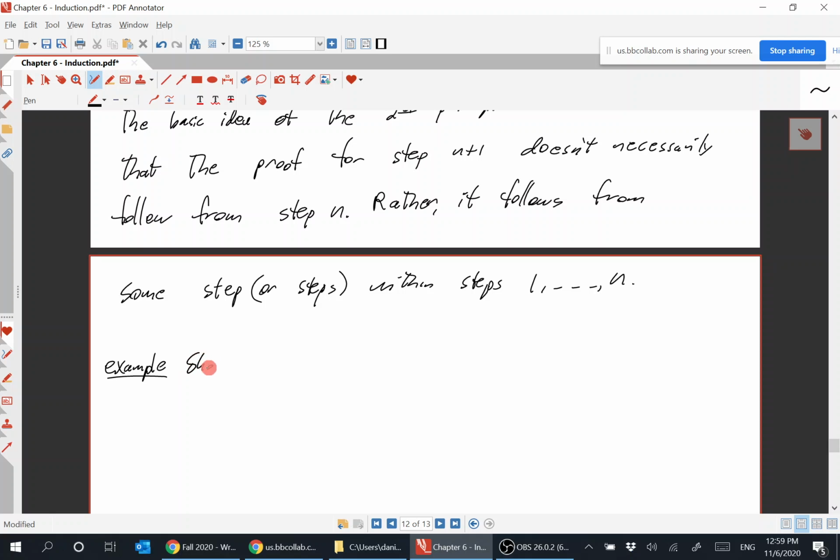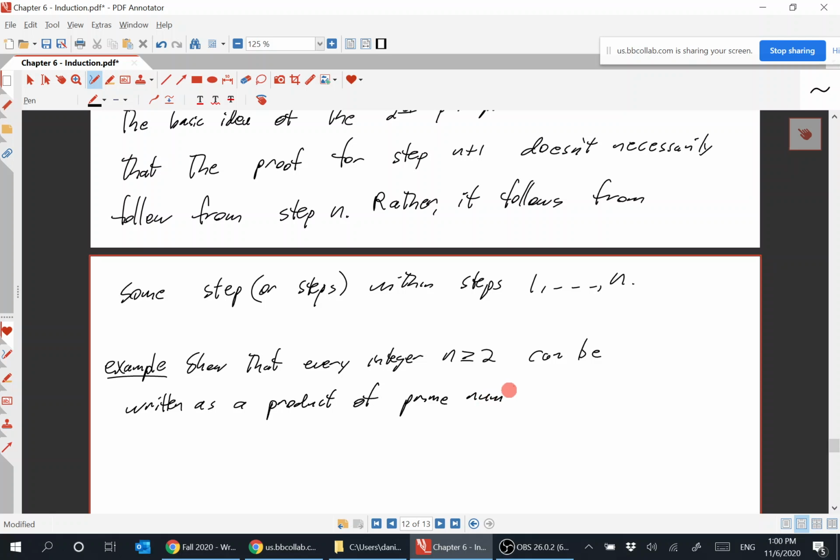Let's show that every integer n bigger than or equal to 2 can be written as a product of prime numbers. Okay, consider a prime number itself to be a product of primes.